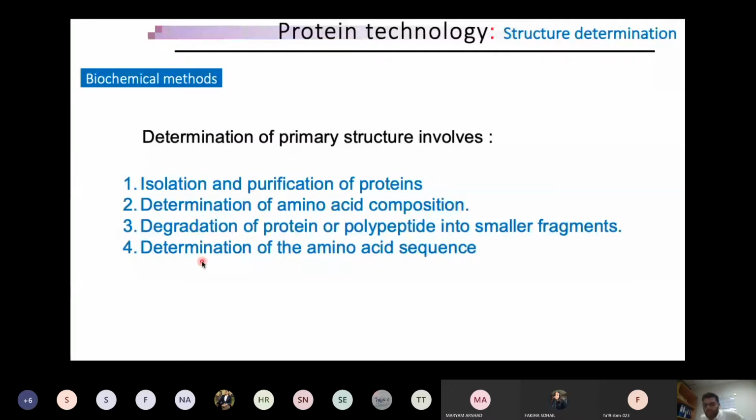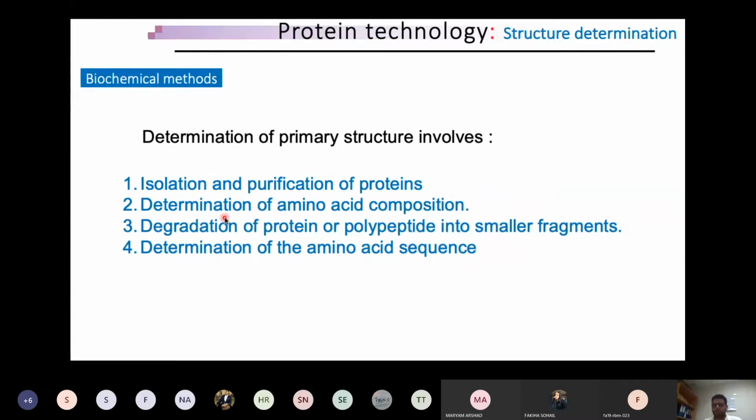There are certain steps which we are going to talk about one by one in coming slides, and of course this is going to be an interesting lecture, or maybe a little bit longer lecture. So first thing first, you have to isolate the proteins, and then you have to purify them.